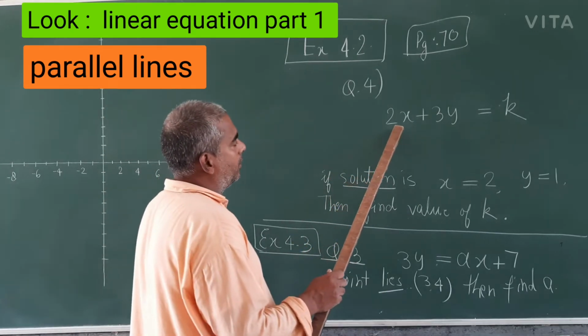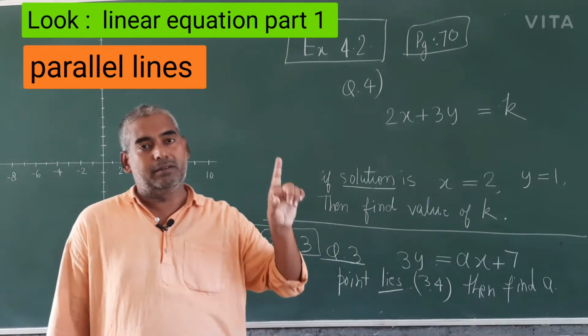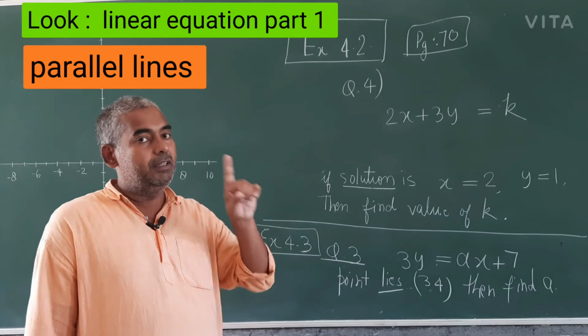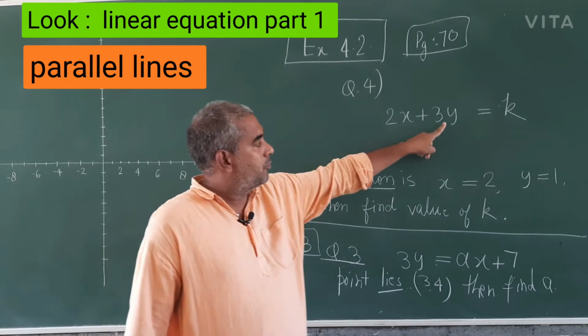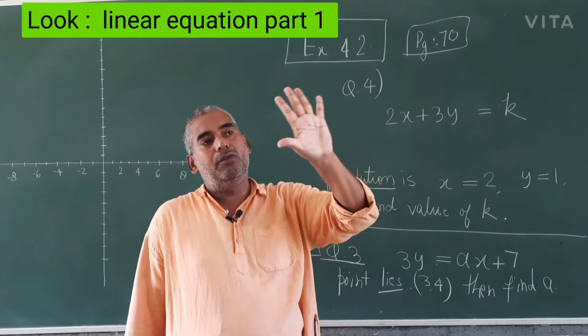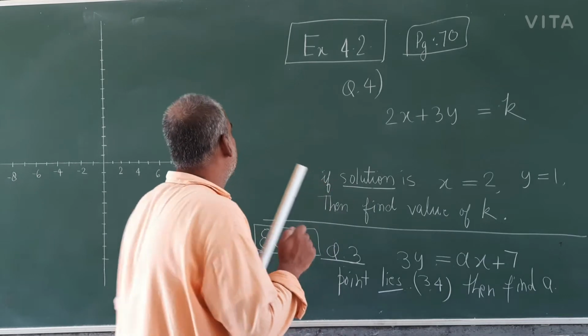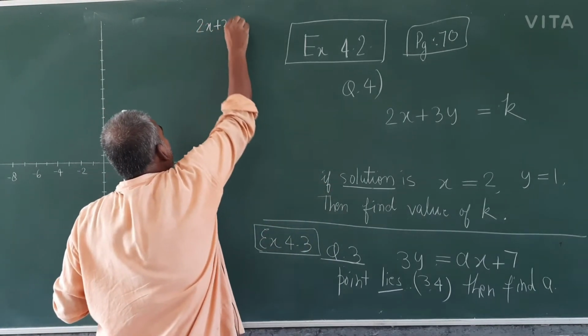First of all, actually this is k. In my first video, linear equation part 1, I told you that 2x plus 3y is equal to k. K may be 1, 2, 3, 4, 5, and so on.